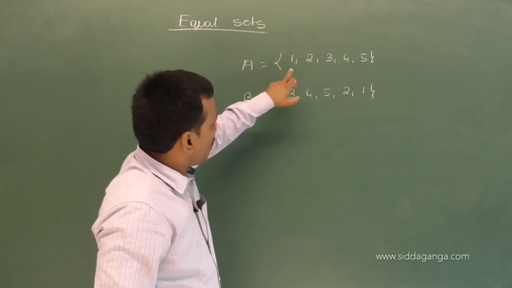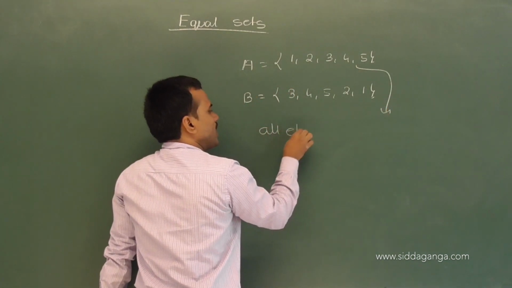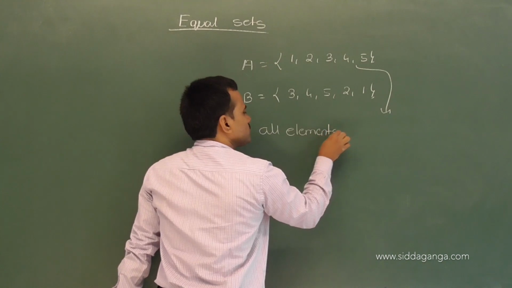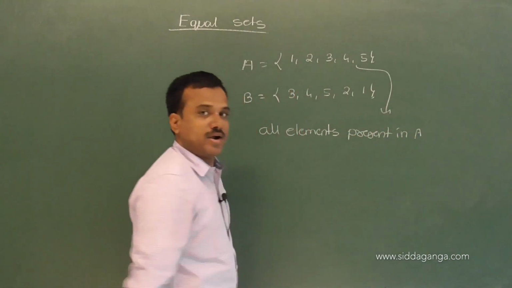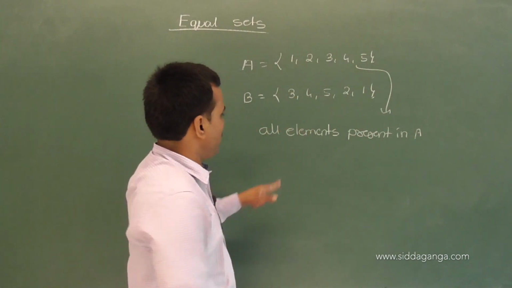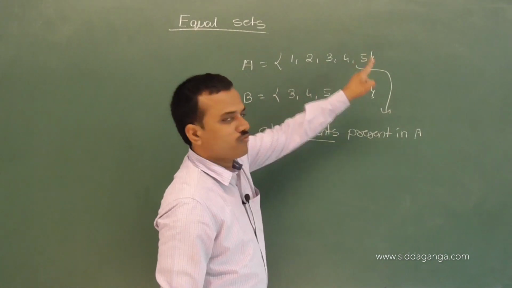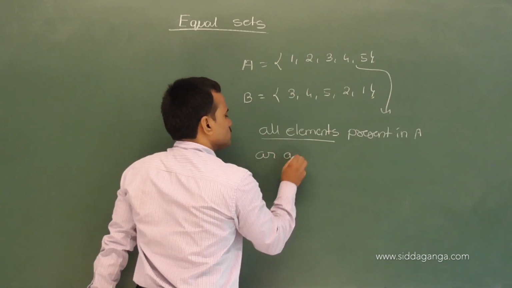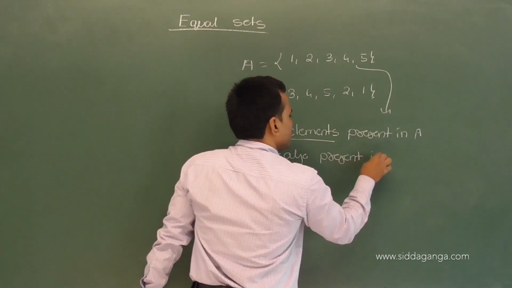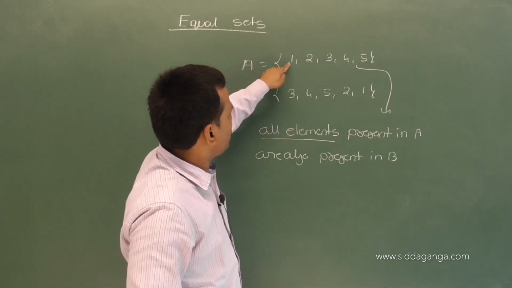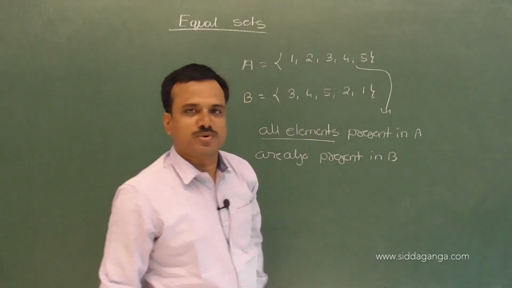That means all elements present in A, not only 1, 2, 3 but all elements, 1, 2, 3, 4, 5, are also present in B. Correct now? Observe here: 1 is present, 2 is present, 3 is present, 4 is present, 5 is present.